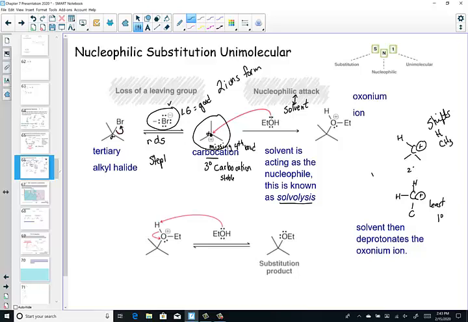Notice now this oxygen, this is a very electron-rich area on the oxygen. Now we'll go and form a bond, and notice that's what happened. Now this carbocation has a 4th bond. So the EtOH, which is ethyl alcohol, just keep in mind what that looks like. It's a 2-carbon chain with an alcohol group.